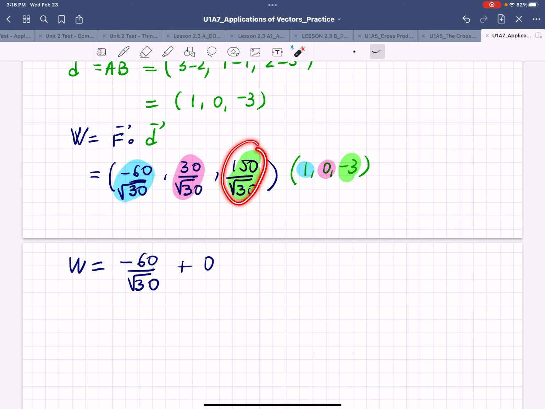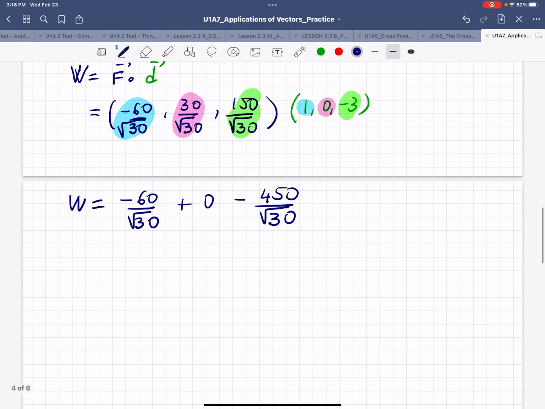And last, 150 over root 30 times -3 is -450 over square root of 30. So the work would equal -450 minus 60, that's -510 over square root of 30 newton meters or joules. And this is the final answer.